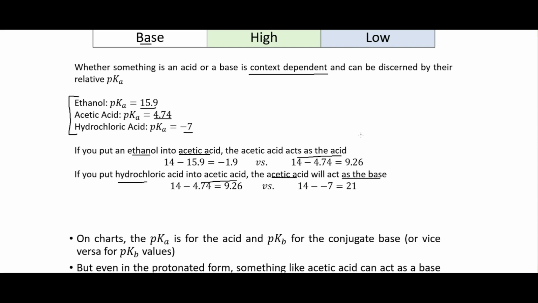So it depends what you're putting it into. If you're putting it into an ethanol solution, then it's going to be the acid. If you're putting it into a hydrochloric acid solution, then it's going to act more like a base. Like I said, it's very dependent on the context here.